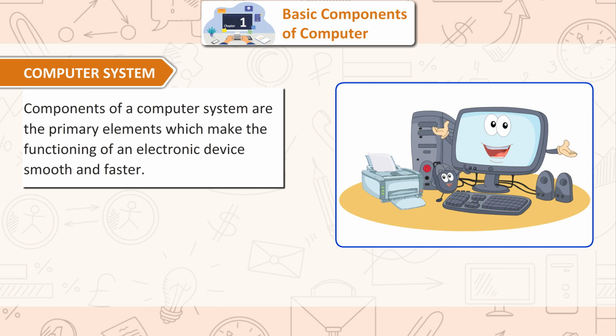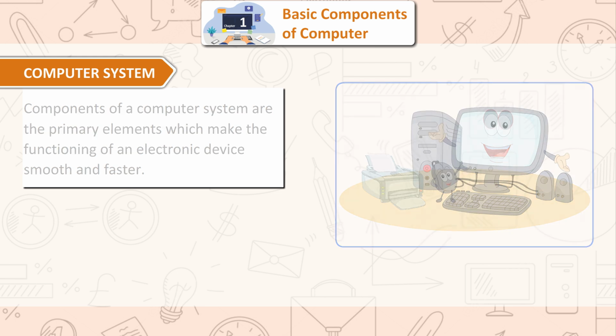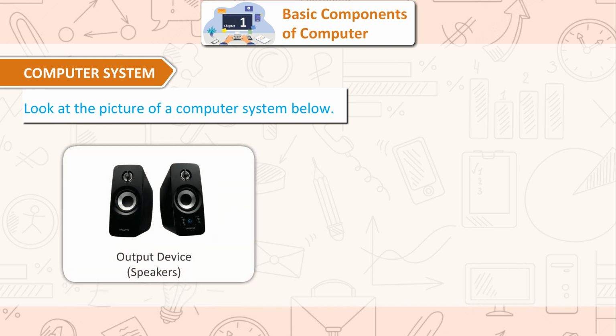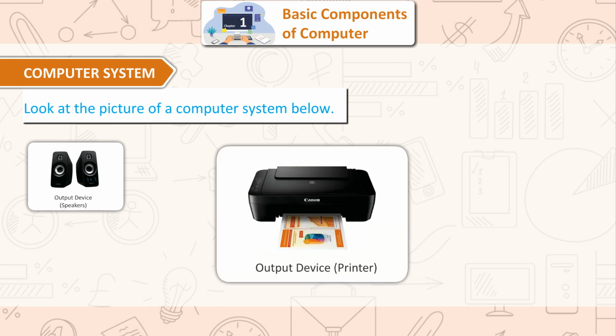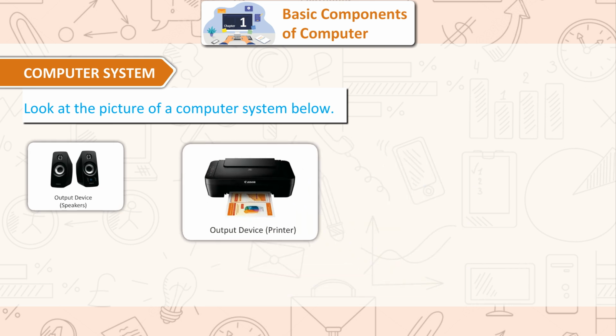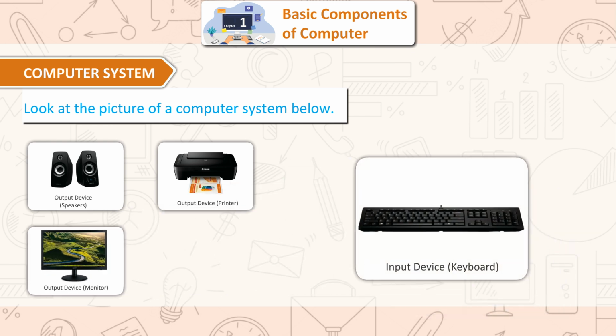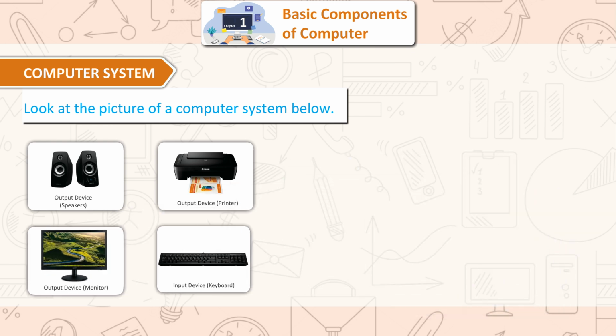Components of a computer system are the primary elements which make the functioning of an electronic device smooth and faster. Look at the picture of a computer system below. Output devices, speakers. Output device, printer. Output device, monitor. Input device, keyboard.